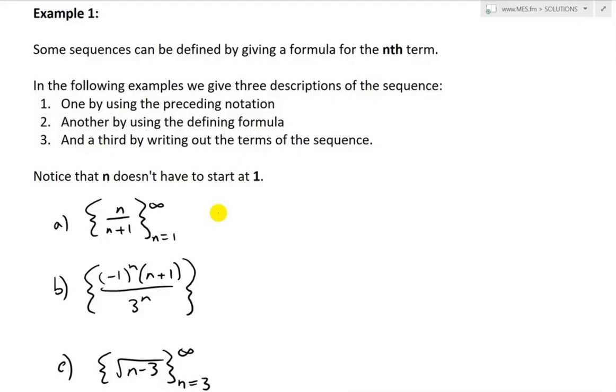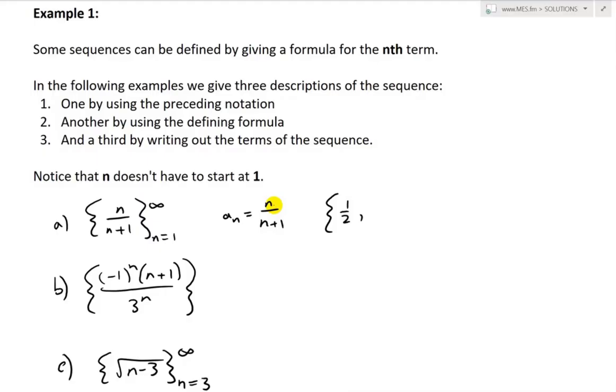So for the first one, for part A, we have n over n plus 1, from n equals 1 to infinity. The defining formula is just an equals n over n plus 1. And then we could also write this out. If we expand this out, at n equals 1 we have 1 divided by 1 plus 1, that's just 1 over 2.